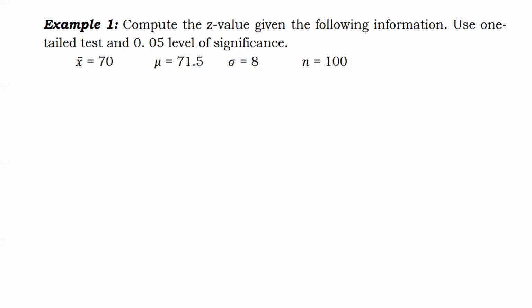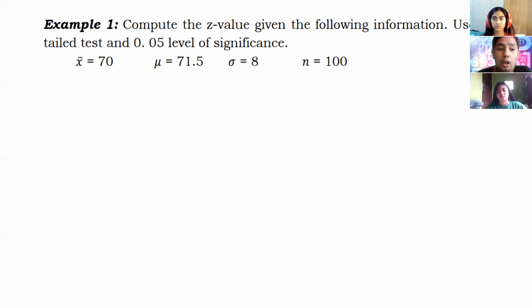Our population standard deviation is 8. And our sample size is 100. Mapapansin natin, given ang ating sample ay greater than 30, which is 100. So it is very obvious that we'll be using the z-test.